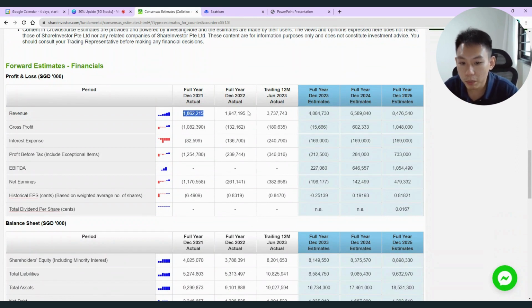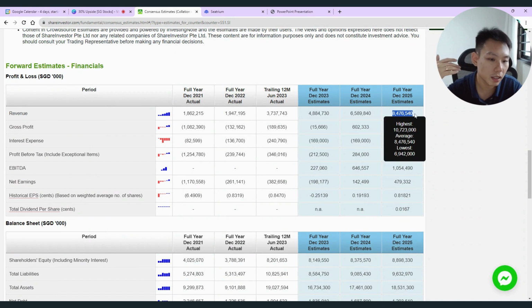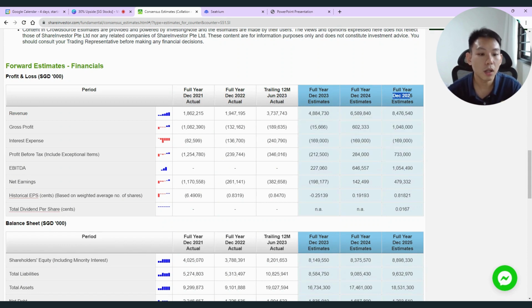From 1.8 billion to 3.7 billion in revenue, analysts are predicting that it will jump by a wide margin, like 30 something percent, then 50%, and then another 20 plus percent. So it will end off more than 100% jump in the revenue going into December 2025.